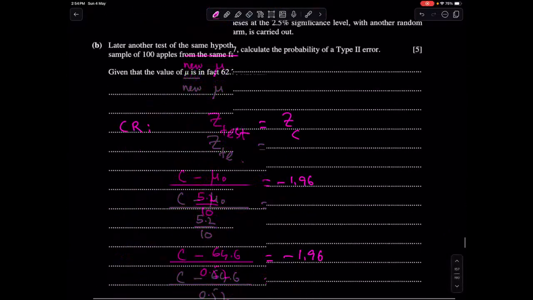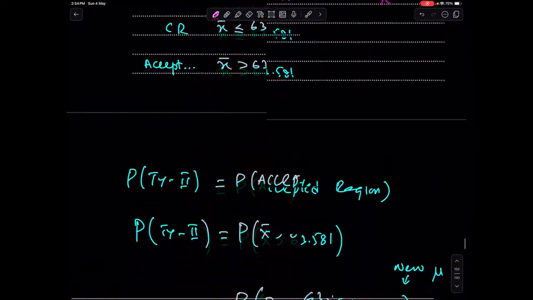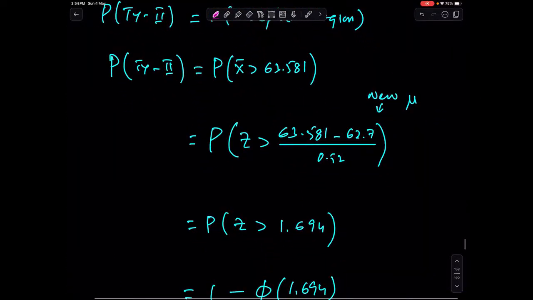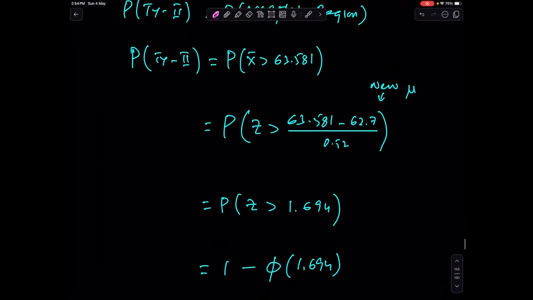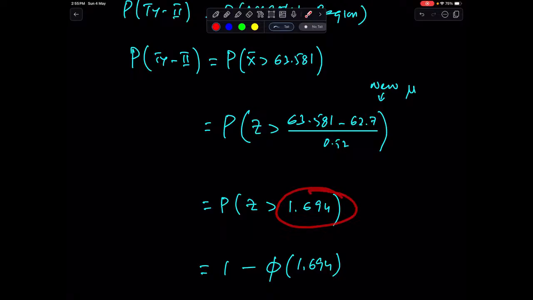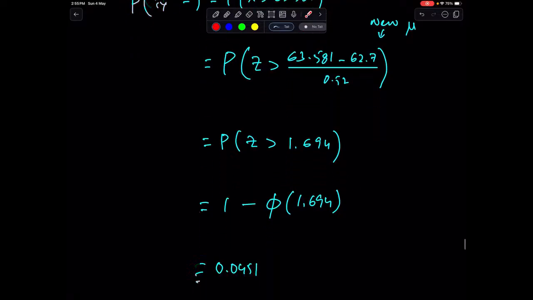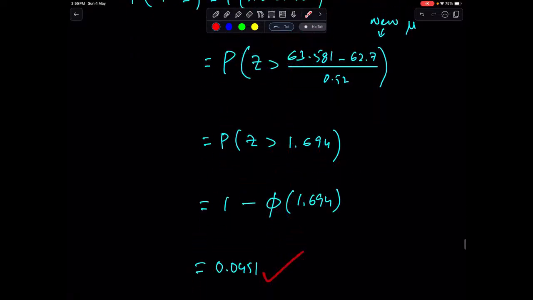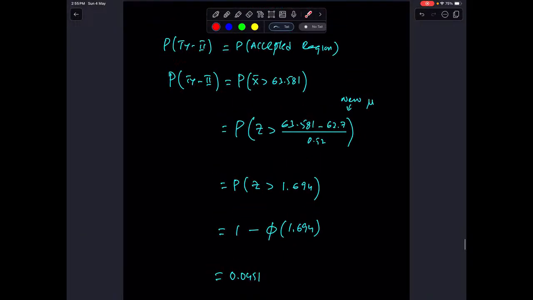This number will be, you can see this here. See, this is the new mean. This is the standard deviation over root n, 5.2 over 10. Now this is the number 1.694. This is 1 minus the probability, and this is the probability of type 2 error.